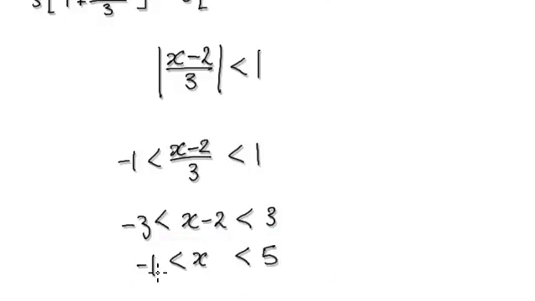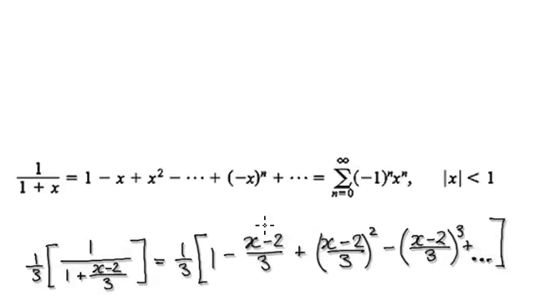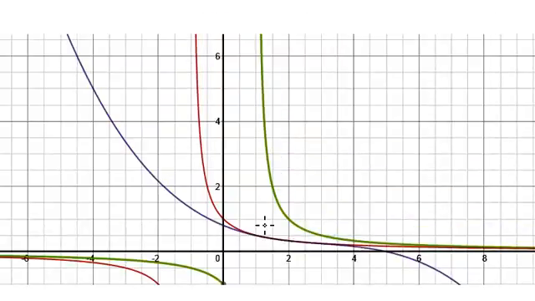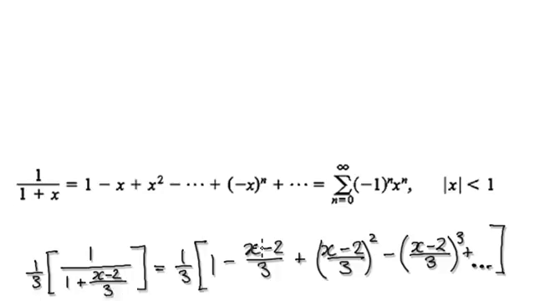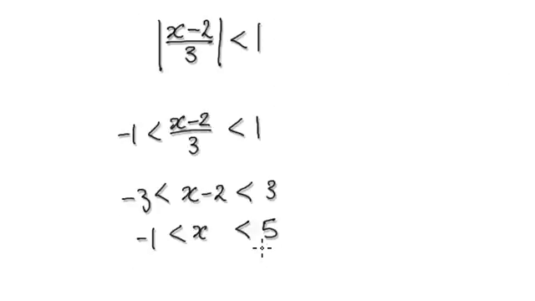So our Taylor series is valid between -1 and 5. What that means is, this is our Taylor series here. If you take it all the way to infinity, it will get very close to this red line here. But remember, it's valid from where to where? From -1 to 5.